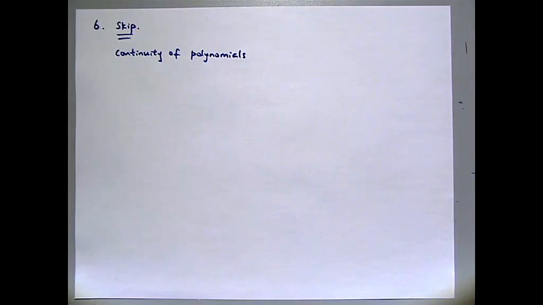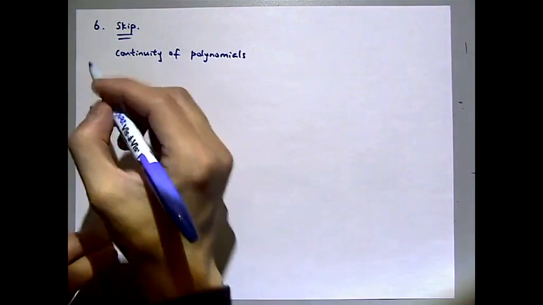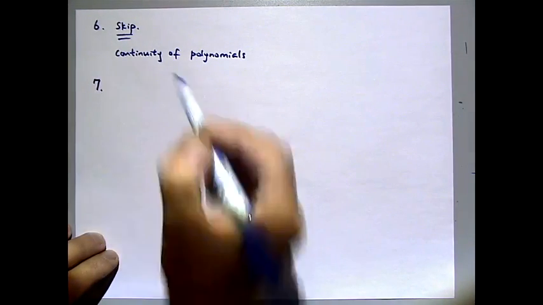It's looking for a root, and basically, if a polynomial is continuous, it cannot skip over any value. If you can find out that this thing switches sign between two x values, then you know somewhere between those two x values, it has to cross the 0 point. And that's the root of the function. But like I said, we're going to skip that one. You don't have to worry about that on the exam.